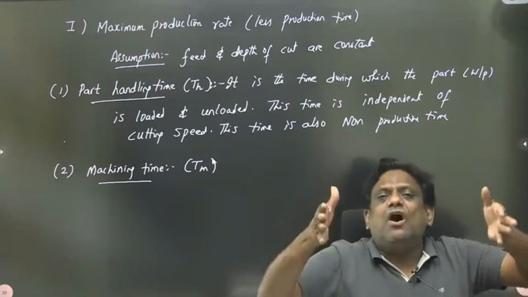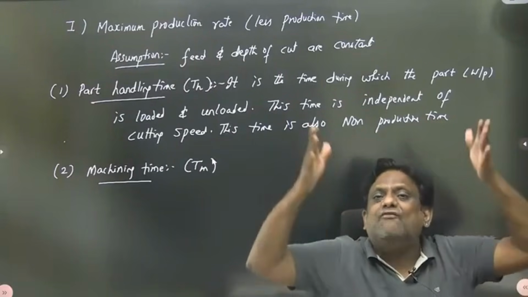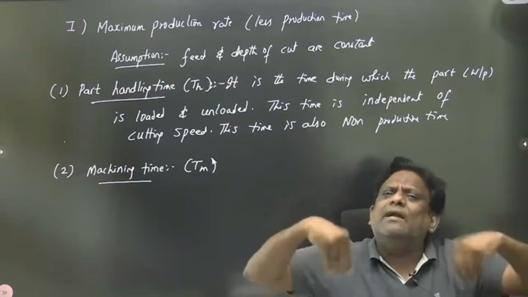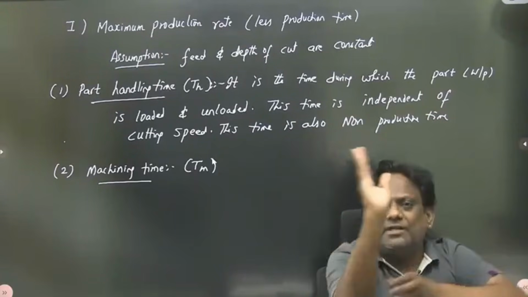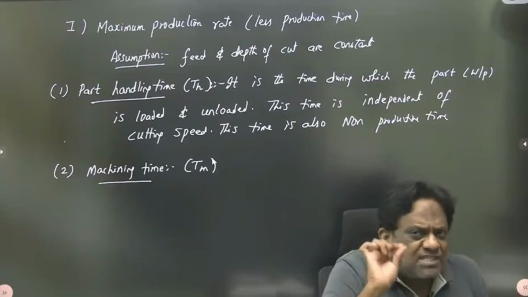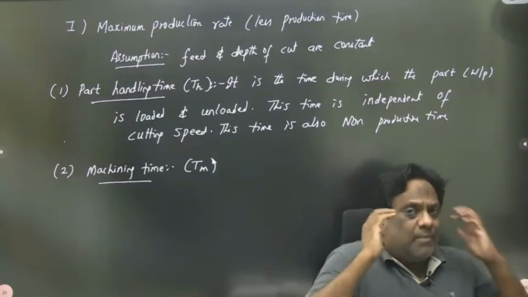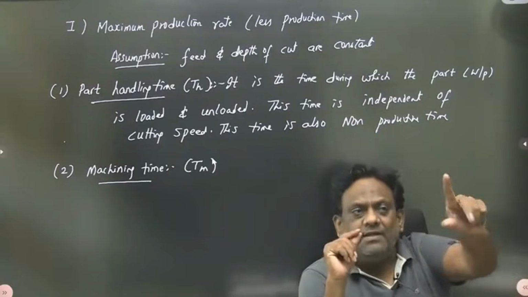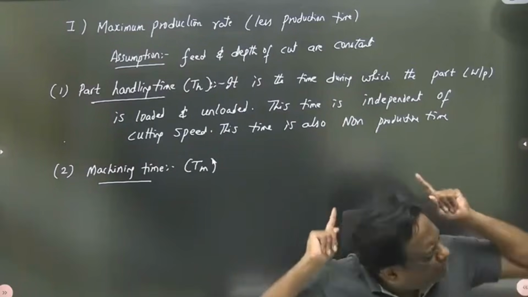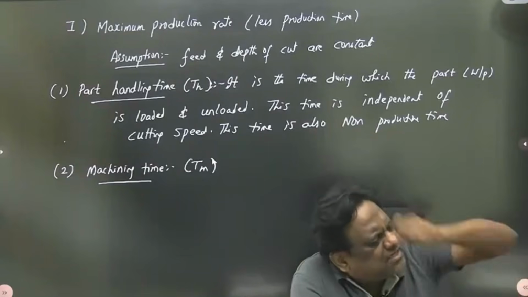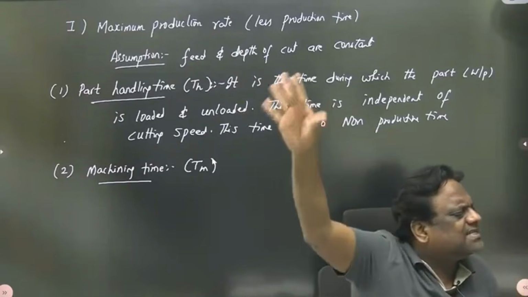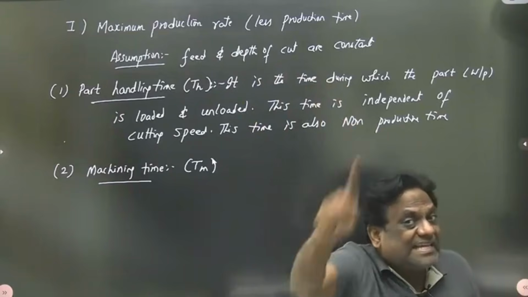If there is a batch of, say, 500 or 1000 units, then I multiply with the size of the batch. So first I will develop the time required for machining a single component. ये बहुत important है sir. If this is lost, everything is lost. All calculations are based on the time for a single piece.